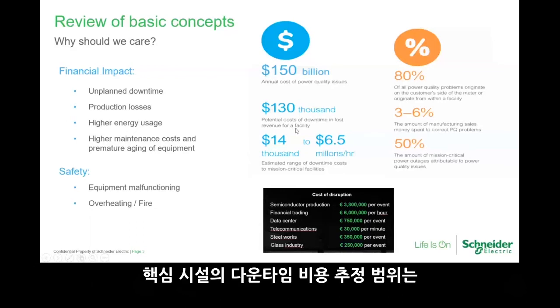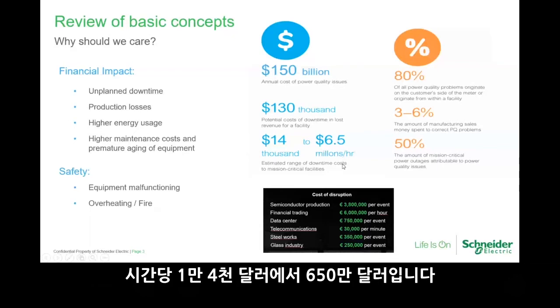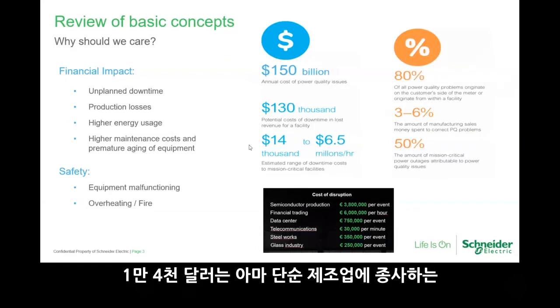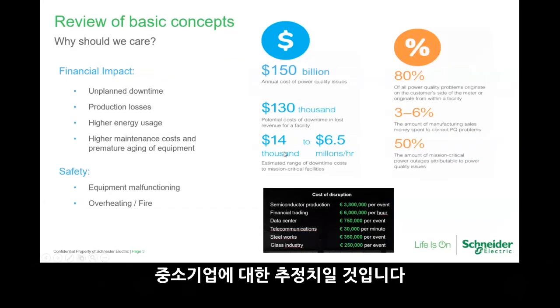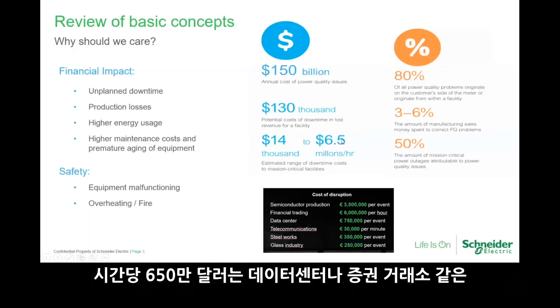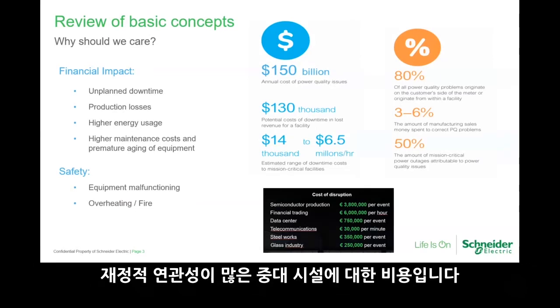It's estimated to be about 14,000 to 6.5 million an hour, the estimated range of downtime cost for a mission critical facility. So 14,000 is probably for the SME, for simple manufacturing. 6.5 million per hour is talking about something like a data center, like the stock exchange, or those very critical ones. There is a lot of financial involvement.